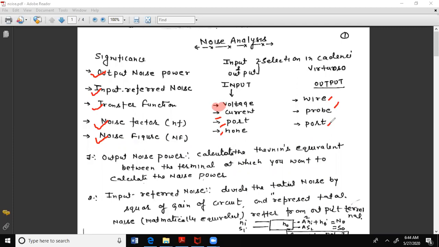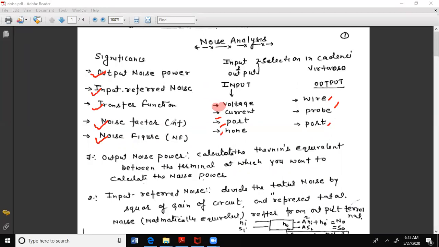We also learn when we have to choose which type of input and which type of output, and how the numerically and simulated values are equivalent.